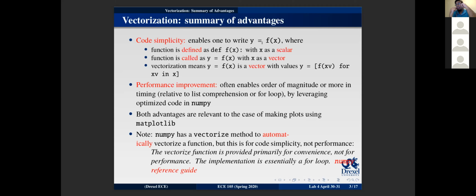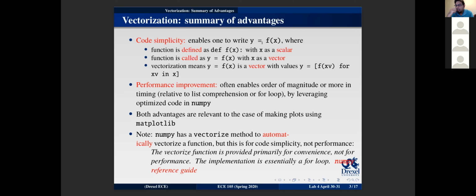What Python allows you to do, and there are other object-oriented programming paradigms which allow this, is vectorization. So instead of passing the input as a scalar value, you can pass x as a vector. Let's say you have a function defined, def func(x), something like that.